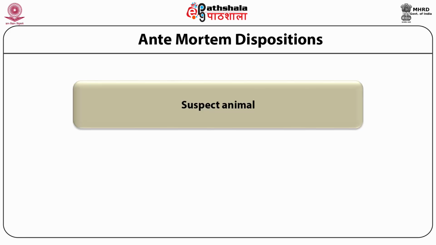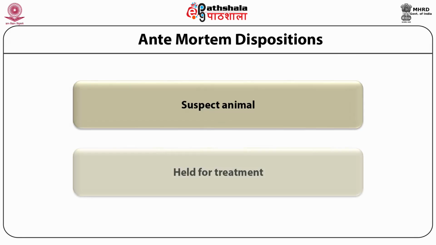The veterinary inspector should cross out the word slaughter and write in the phrase held for treatment in the appropriate place provided in the format. Following the treatment, the veterinarian of the abattoir should follow up the animal and direct the veterinary inspector as to what action to take. Proper monitoring and care should be taken for suspect animals. Sometimes a short-term abnormality is shown by the animal due to the changed environment after transportation.